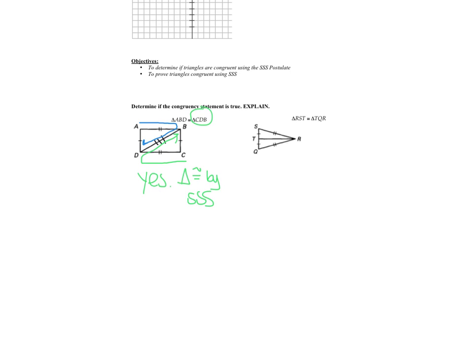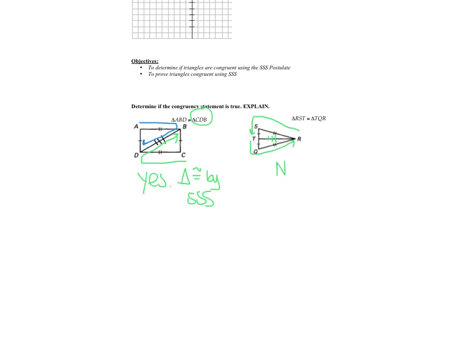Okay, next one, looking at it again, I do see that TR is congruent to TR. Those triangles share that side. So the 3 sides I see by the tick marks, they are in fact congruent. Let's see if the congruency statement is written in the correct order. So R to S to T, double tick to single, T to Q to R, single to double.